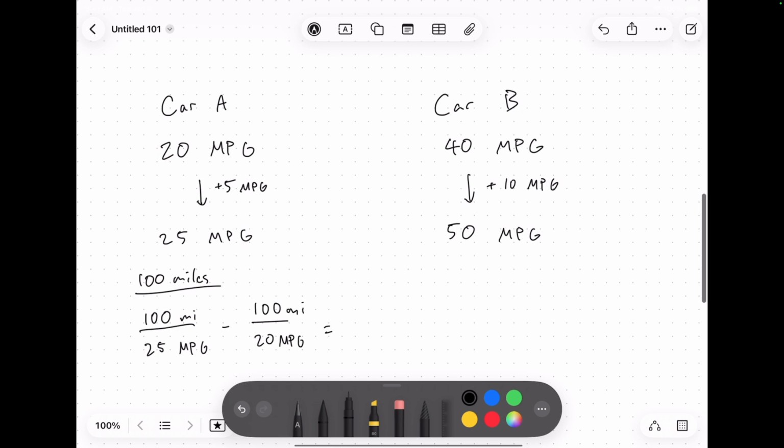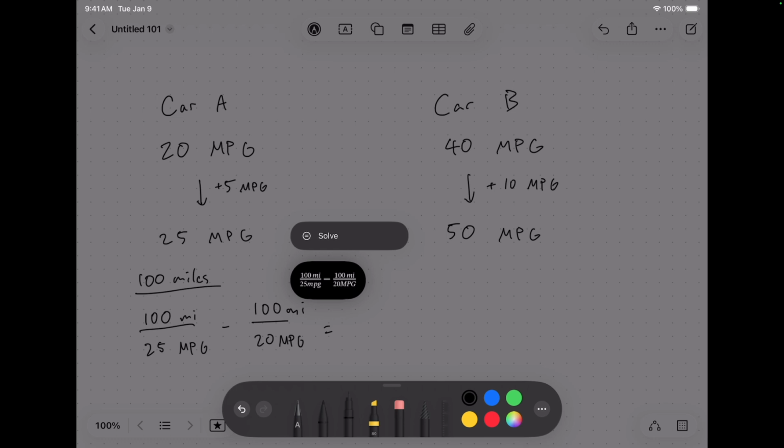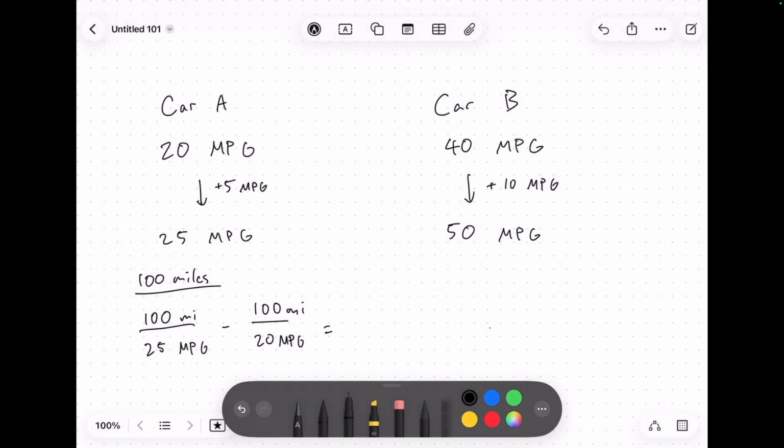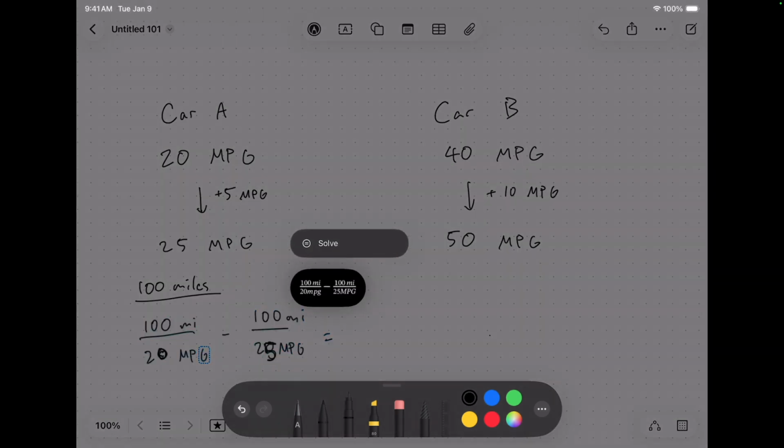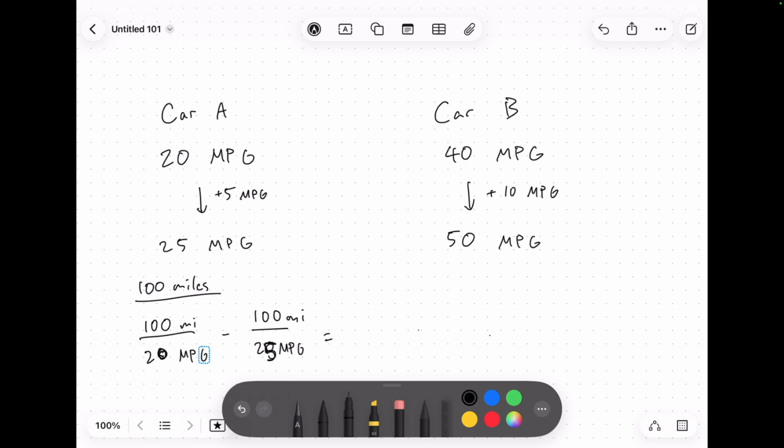Okay, and so 100 divided by 25 is 4. And, oh no, I did it right the first time. So 100 divided by 20 is 5 gallons.